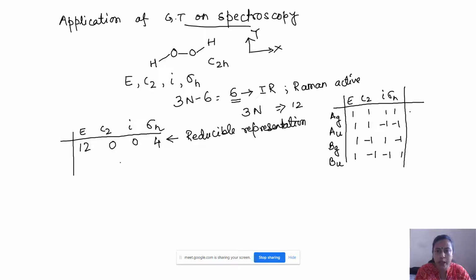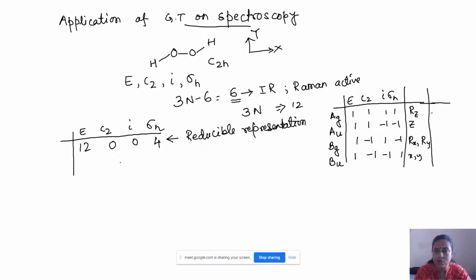Now if we look into the third column of the character table, it represents the transformation of x, y, z, that is the translational vectors, as well as the rotational vectors: Rx, Ry, x and y. We also know the fourth column is for the quadratic transformations of x and y.